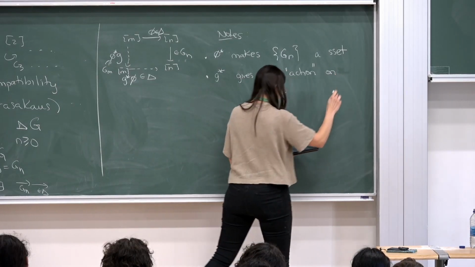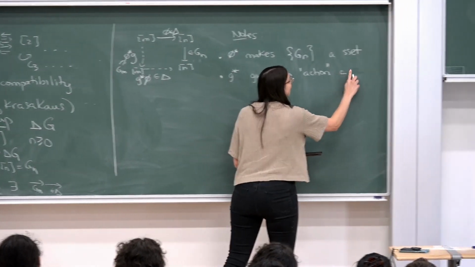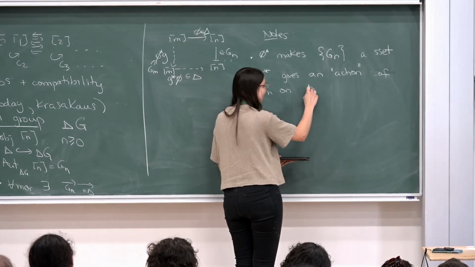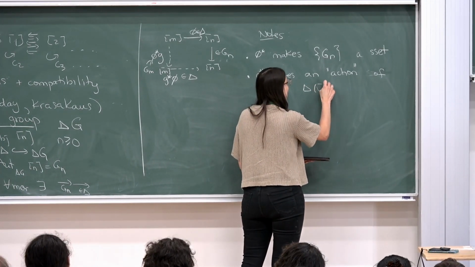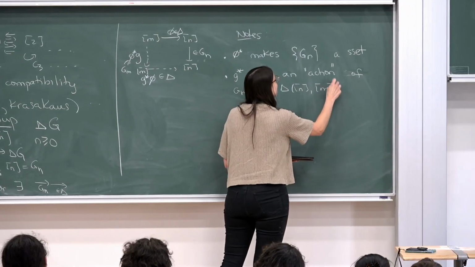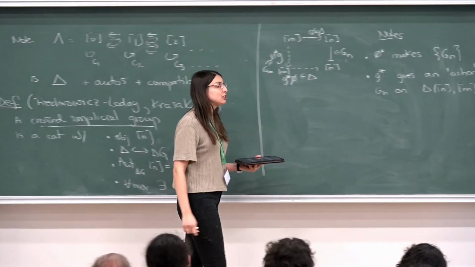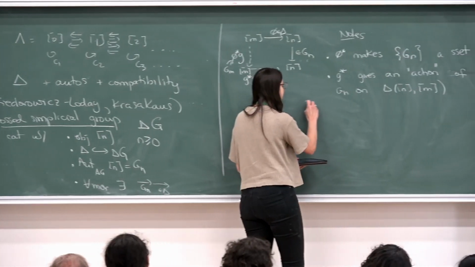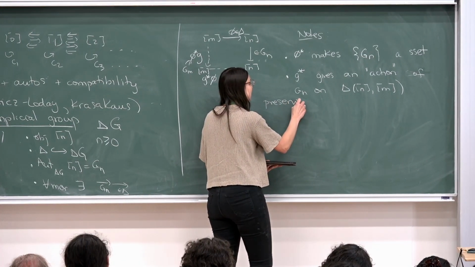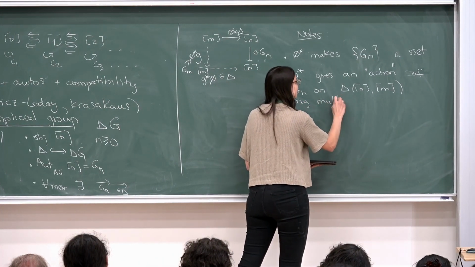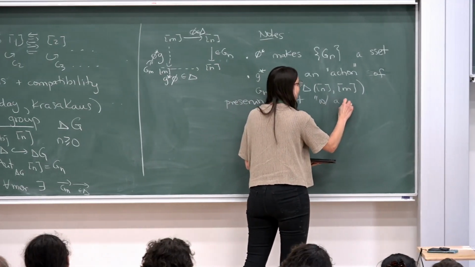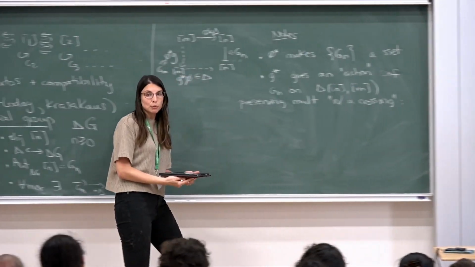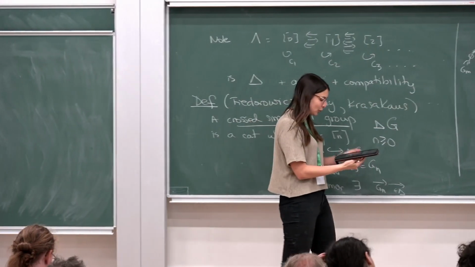So an action of Gn on the set of maps in delta from n to m, but it's not quite an action, so this is where the twisting comes in. So this is preserving multiplication with a crossing. So therefore the name cross-simplicial group. So let me just give you an example.